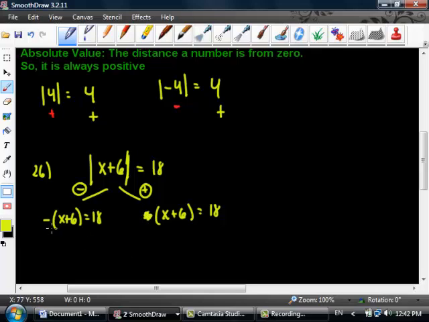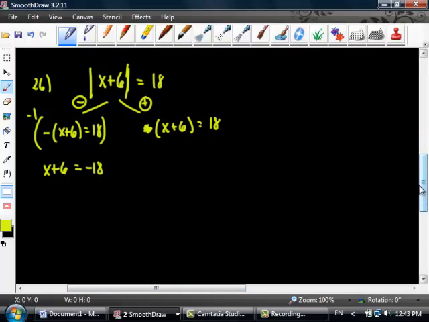From here, the negative version you can do a couple of different ways. You can either distribute the negative in and then solve normally, or you can multiply both sides by negative 1. That's what I tend to do. So I get x plus 6 equals negative 18. And then we solve each answer individually. So how many answers are we going to get for absolute value? 2.